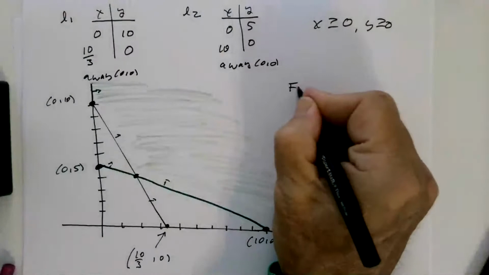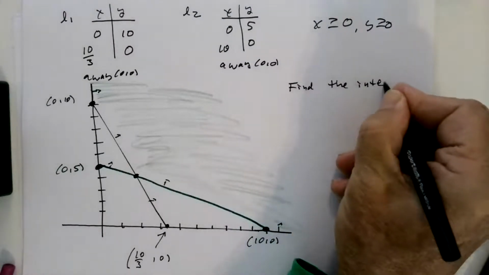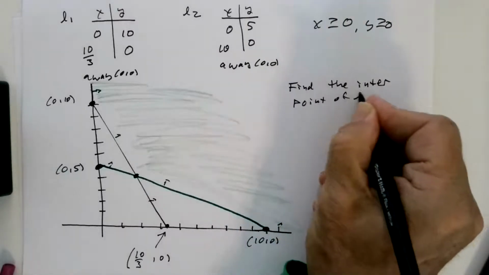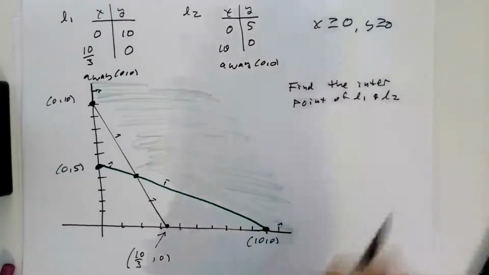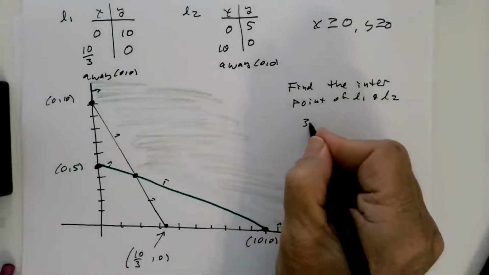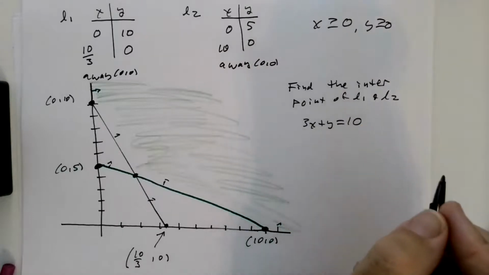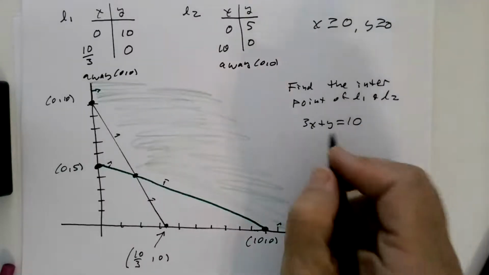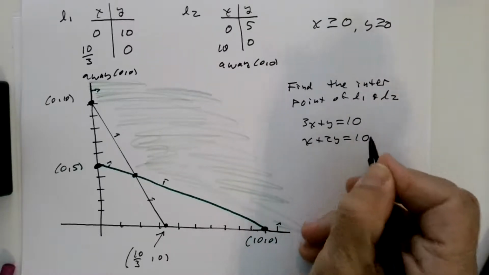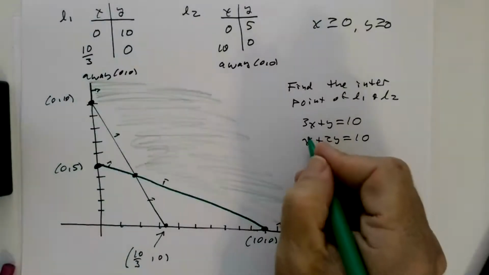So again, find the intersection point of line 1 and line 2. We only have 2 lines here to work with, so it's a little easier. Line 1 was 3x plus y equals 10. And line 2 was x plus 2y equals 10. So I'll go ahead and multiply the second equation by -3 to get rid of the x's.